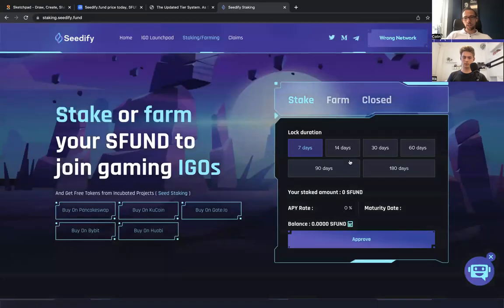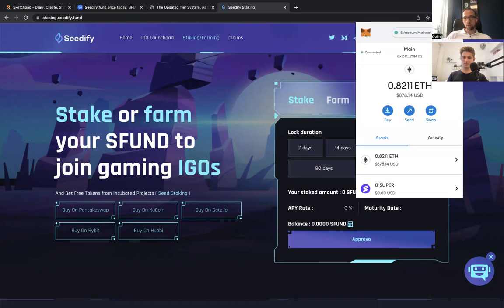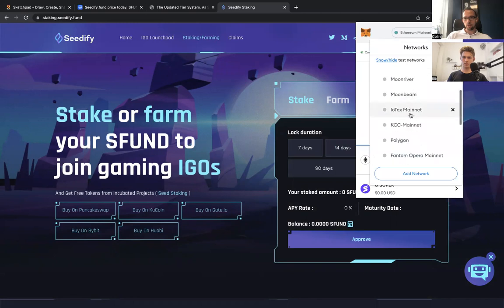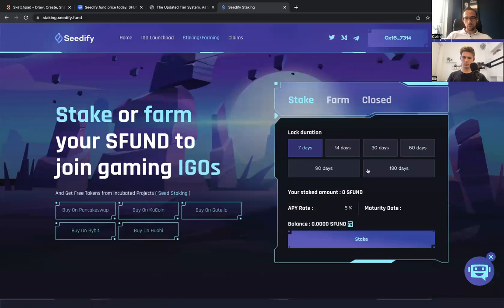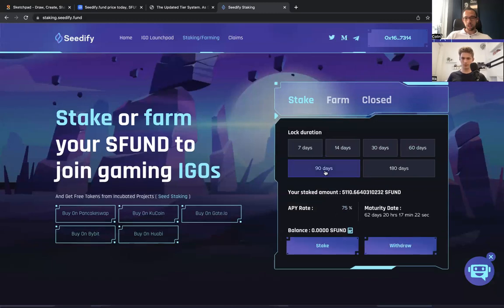So 14 days, 7 days, 0%, 14 now. You need to connect your wallet, but hang on. There we go. 5%, 11, 25, 60. See, 55% already. 90 days.